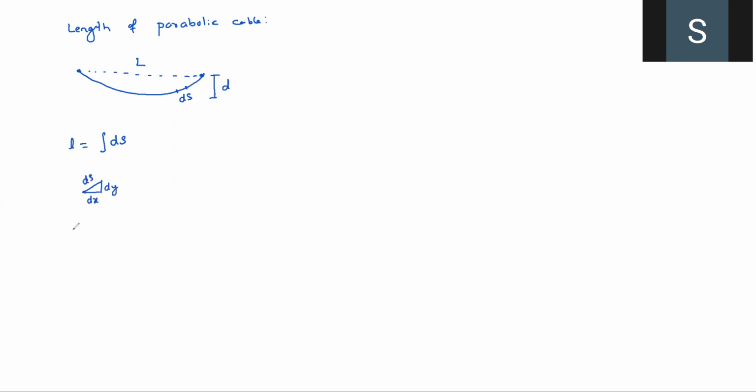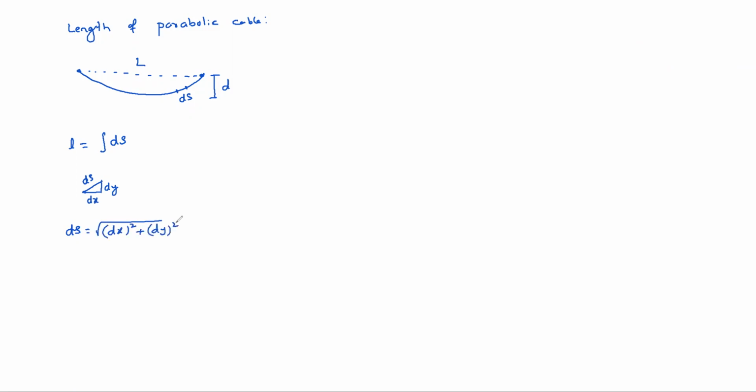This is ds. So ds equals root of dx square plus dy square. Okay, that equals dx taken common, dx into root of 1 plus dy by dx whole square, that is ds.